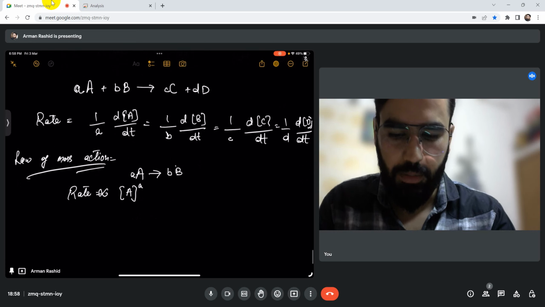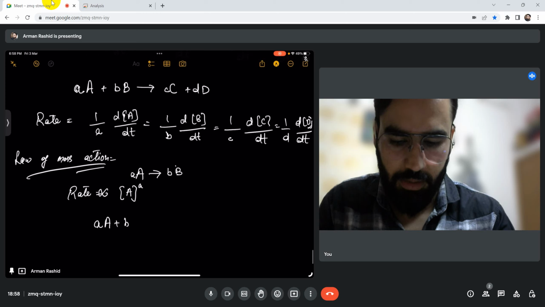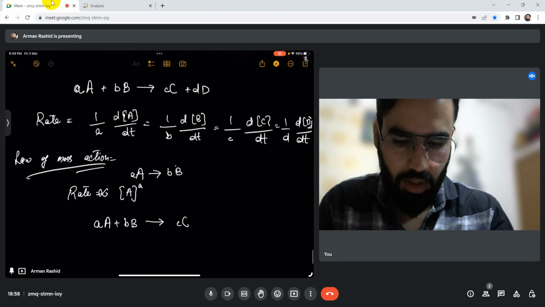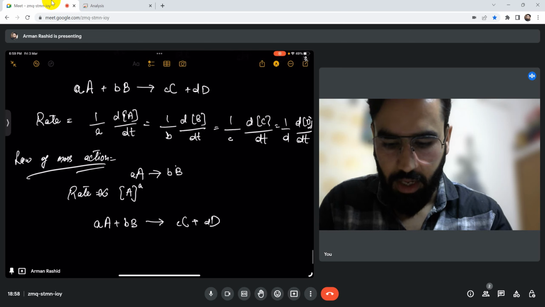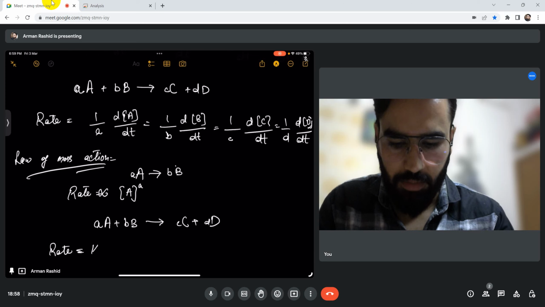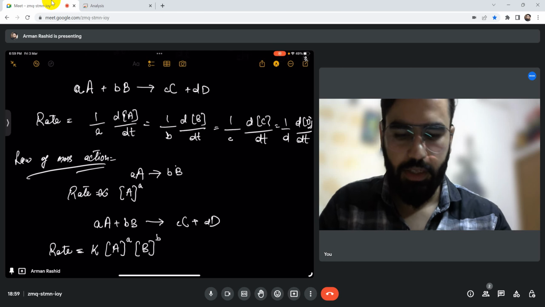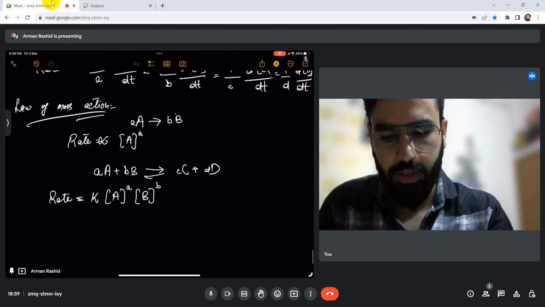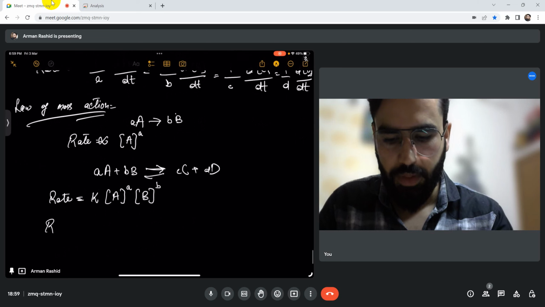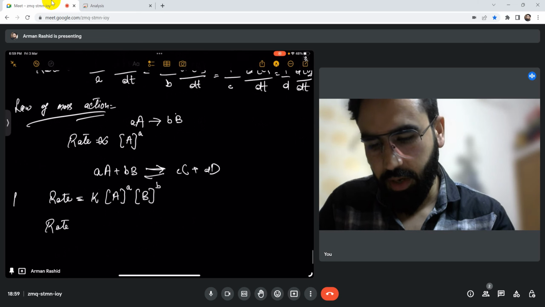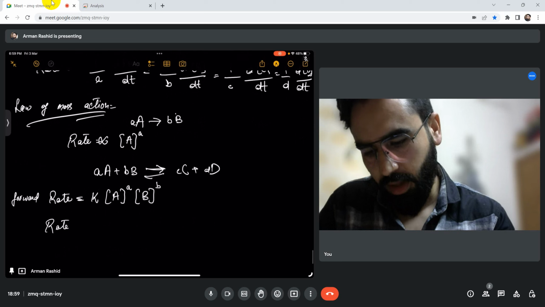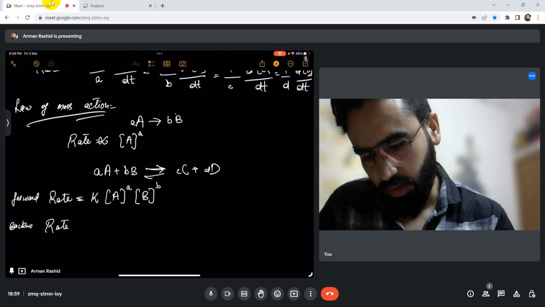For a reaction aA plus bB giving cC plus dD, the rate of the reaction is equal to some rate constant times the concentration of A raised to the power a, times the concentration of B raised to the power b. Similarly, if the reaction is reversible, so there are both forward and backward reactions, then we will write the forward rate and then the backward rate.